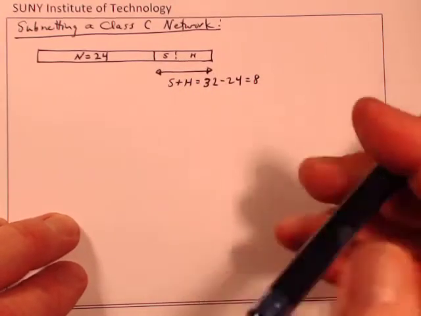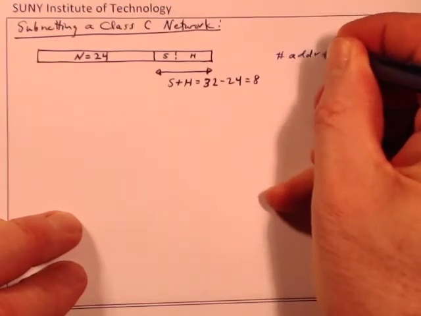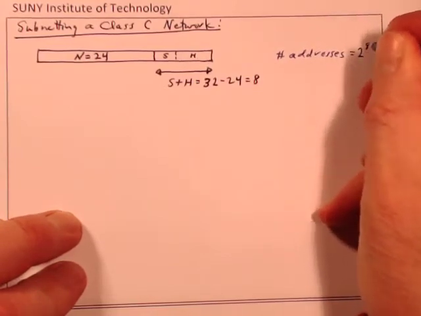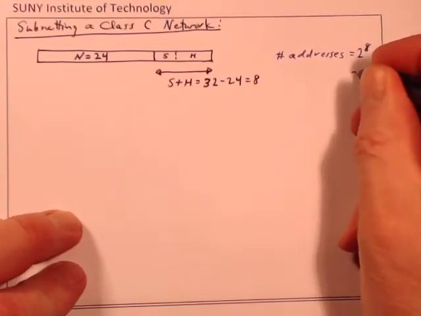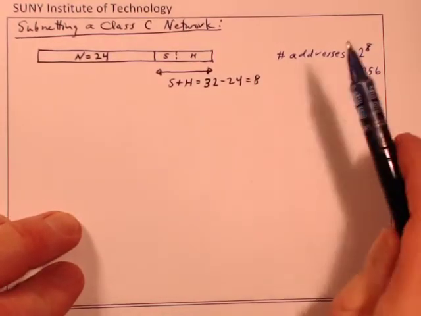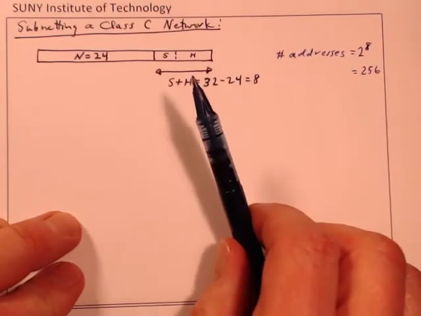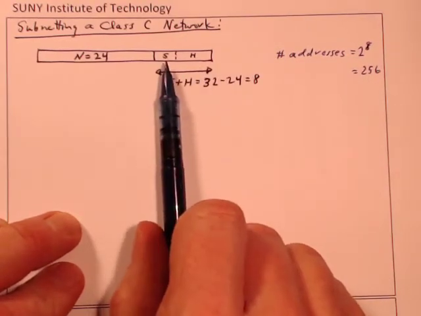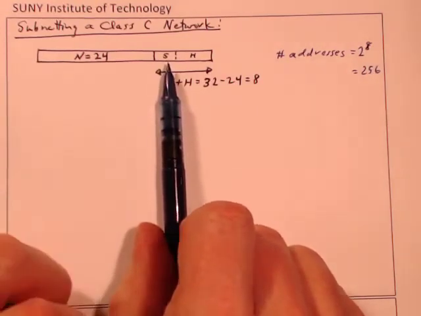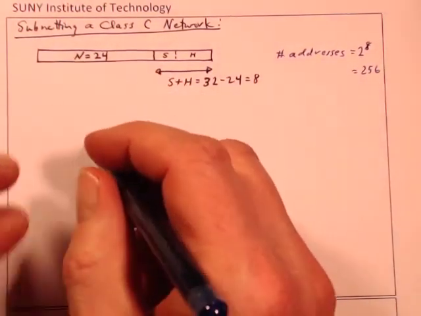So what I'll do is I'll first say that the number of addresses is 2 to the 8th, or 256, that we have to work with. And we can break these up however we want. If S were 1, then we'd only have 2 subnets, and each would have 128 addresses.